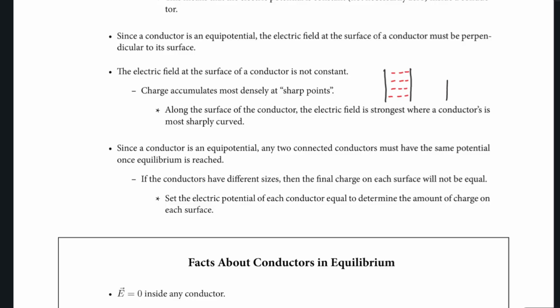But if you have a very thin hallway, the charges are more densely packed. And if the charges are more densely packed and there's only one way for them to go, that's going to increase the electric field strength because these people are pushing each other harder. They're trying to get out of the movie theater. So the E field is stronger where the conductor is more sharply curved.